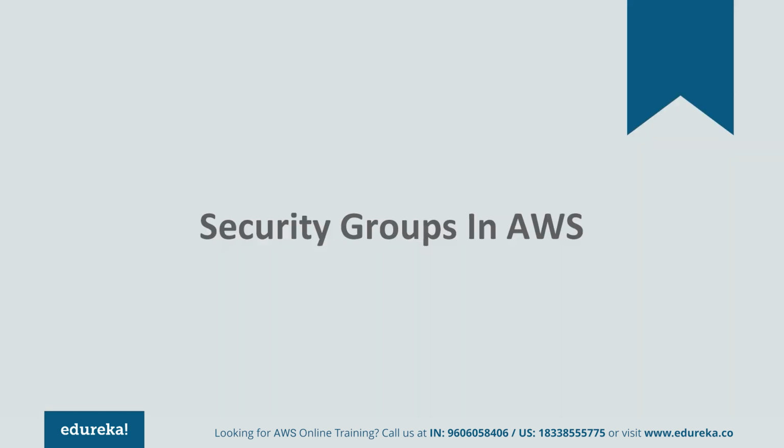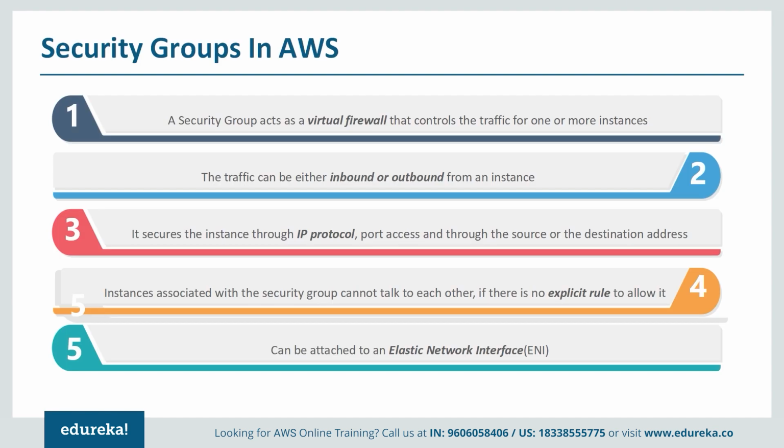With respect to security, we have security groups that operate at the compute layer or at your instance level. So security groups act as a virtual firewall that controls both incoming and outgoing traffic. In this case, all you need to do is specify within the security group for which protocol, which port number, what is the source and what is the destination that you want the traffic to be allowed.